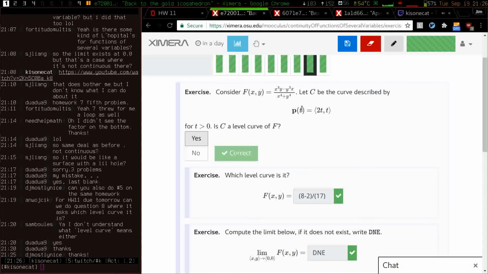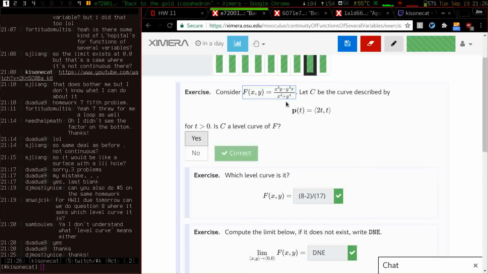And what I do is I'm going to take a point on this curve, which is 2t, t, and I'm going to plug it in here. And what I find is that I get 2t cubed times t minus t cubed times 2t, divided by t to the fourth plus 2t to the fourth. And all those t's end up canceling.